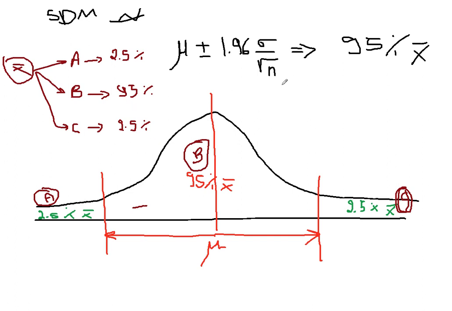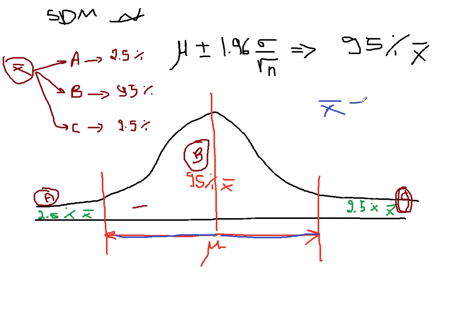How about I pick an X bar at random? See this distance that I traveled up and down from mu? Well, I'm going to do the same thing, but this time for X bar.